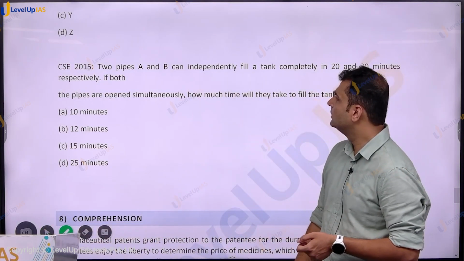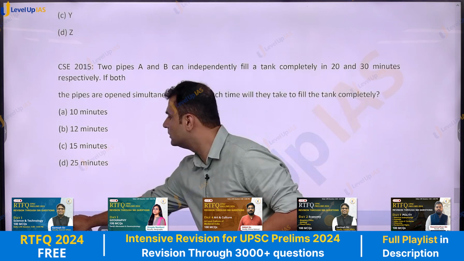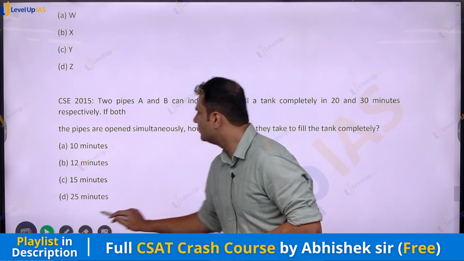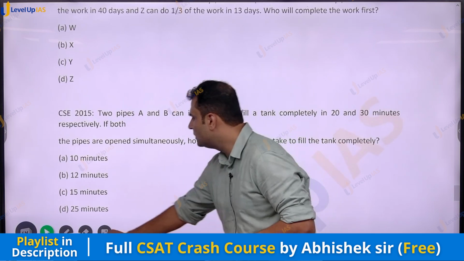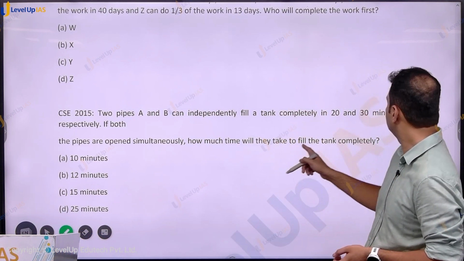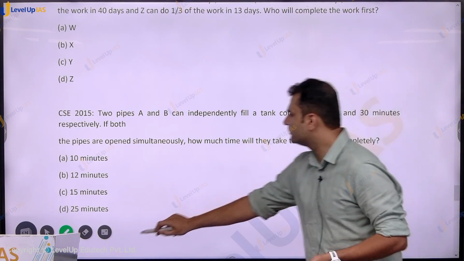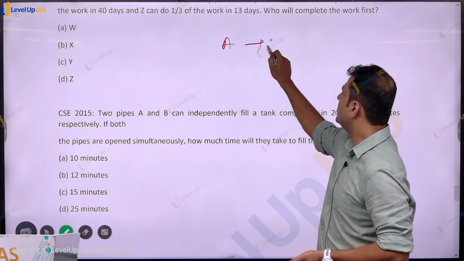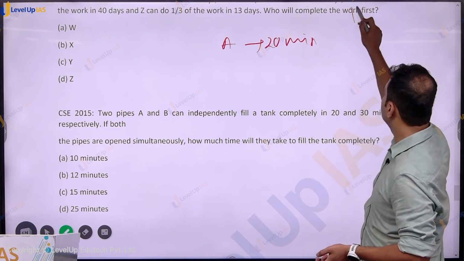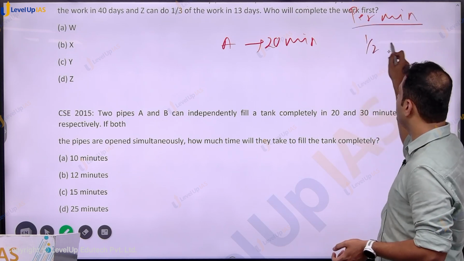Pipes wala question. Two pipes A and B can independently fill a tank completely in 20 and 30 minutes. If both pipes are open simultaneously, how much time will the tank take? Now they are giving in minutes, so we'll work in minutes. A fills the full tank in 20 minutes. So how much tank is getting filled in 1 minute? 1/20.